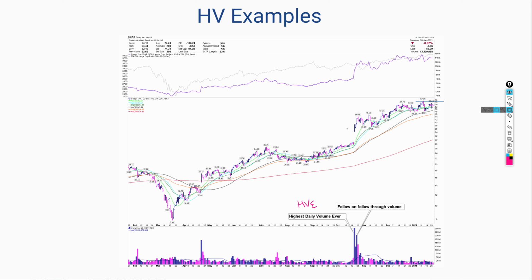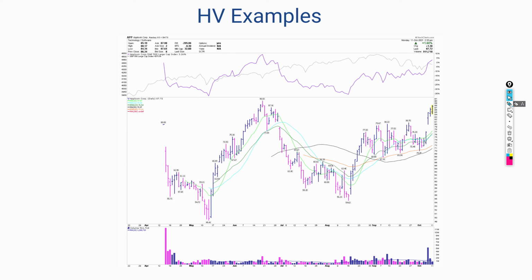If you consistently track this and you repeatedly make it a point to track this sort of action in the markets, you will see it again and again, and that gives you a chance to be in these sort of names and make them sources of income.